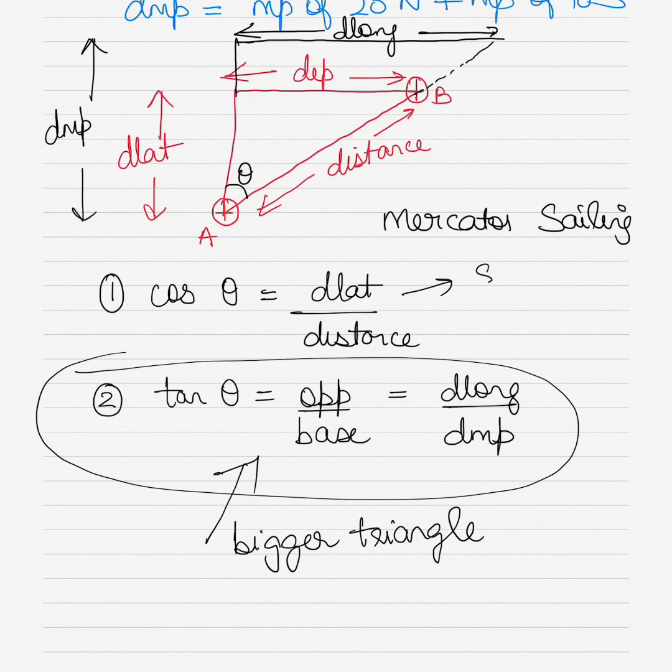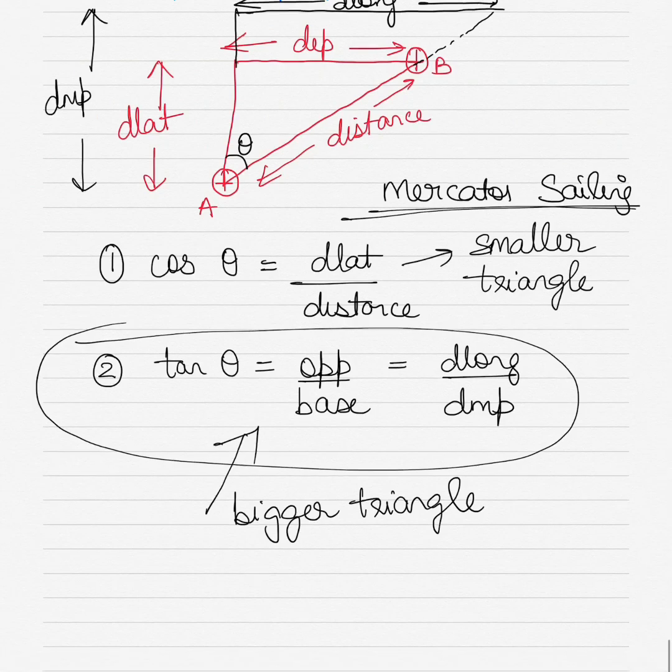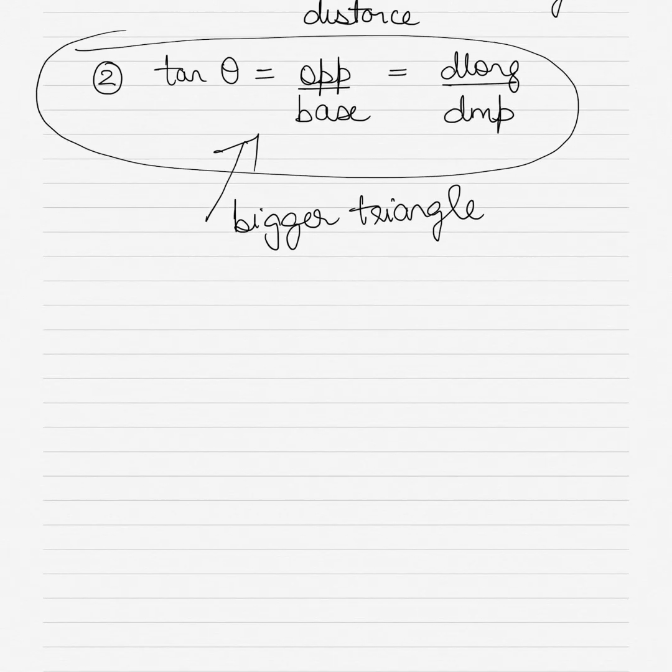Otherwise you can use the smaller triangle. Alright, that's it. These are only two formulas that you need for Mercator sailing, and you can solve the questions of Mercator sailing. So whether you have a position, a course and distance, and you have to find the position arrived, or you have two positions, you have to find the course and distance between them, it's the same two formulas for Mercator sailing.